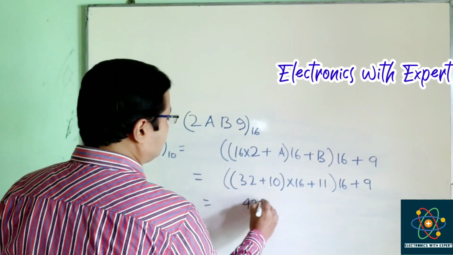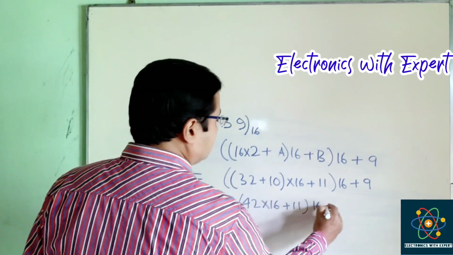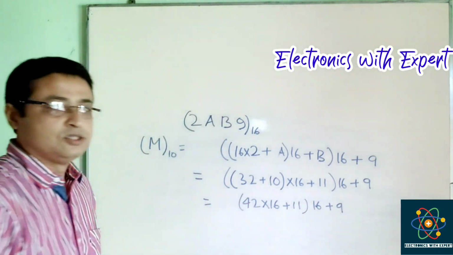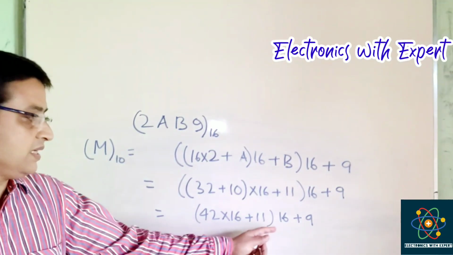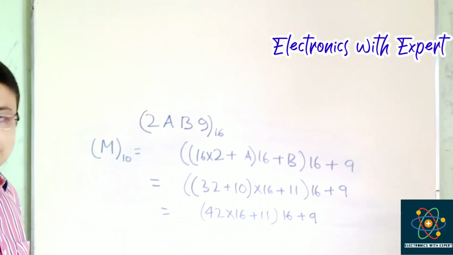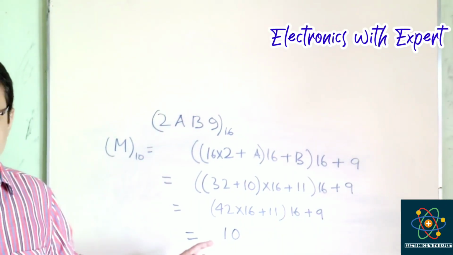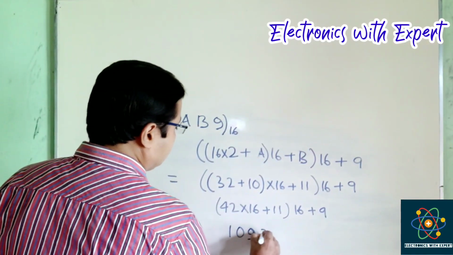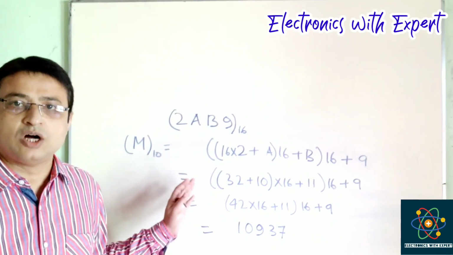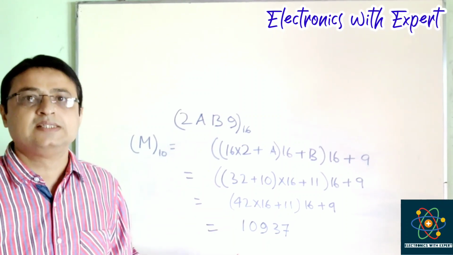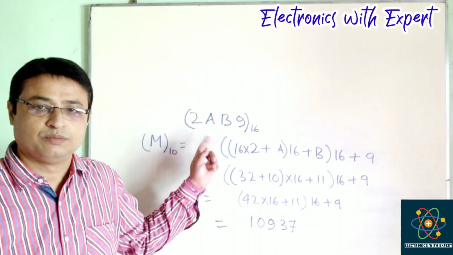So it is 42 into 16 plus 11 into 16 plus 9, and by calculation you can get the number, that is 10937. So this is the value which I got in the previous example. This is the integer part of the number which I have shown before.